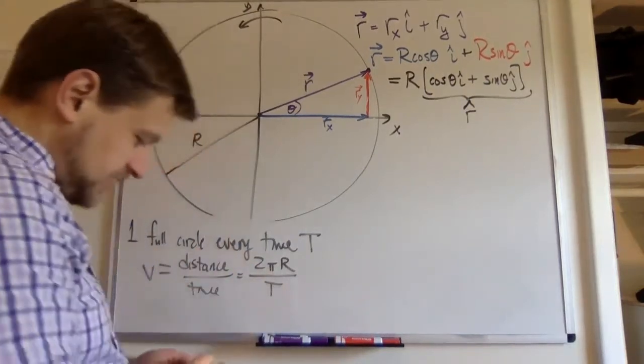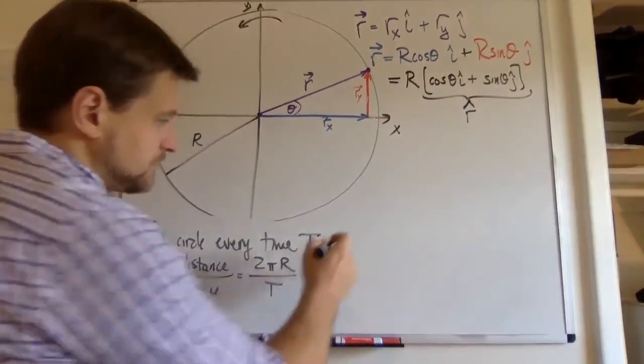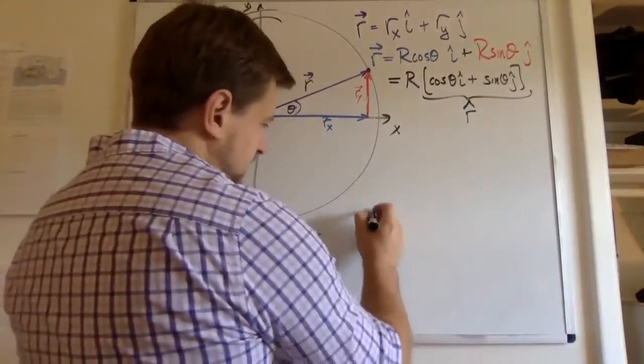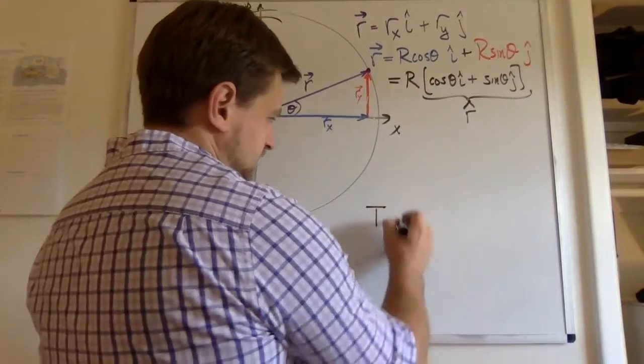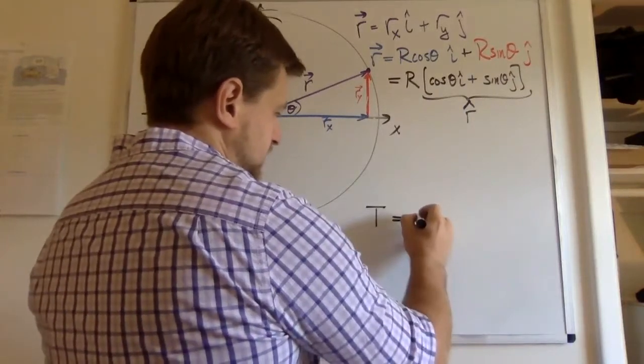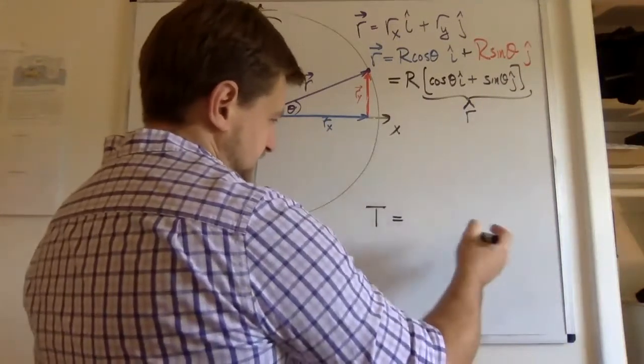We know that in an amount of time, capital T, we travel 2 pi radians.